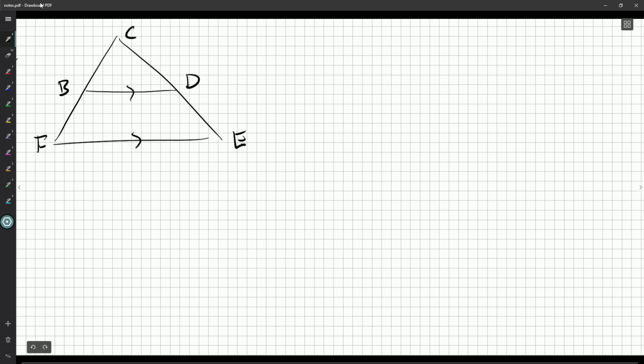Then we can say CD is to CE as CB is to BF, and that's some constant ratio R. Let's order it the other way, and also get it right. CE over CD is CF over CB, which is R. But also, CE is the same as CD plus DE.